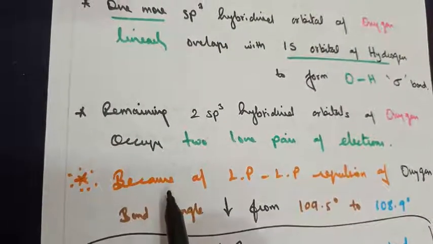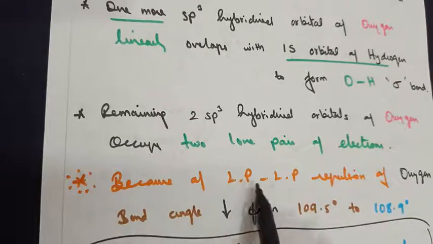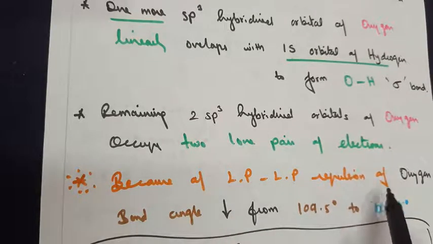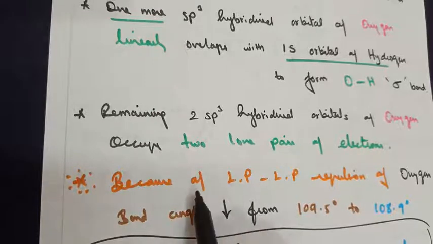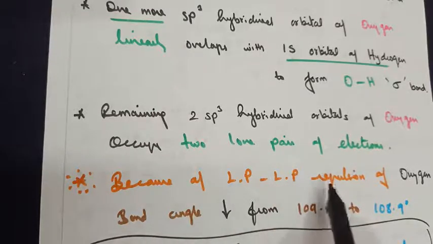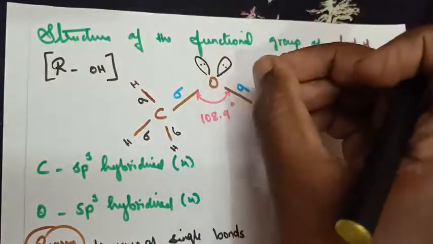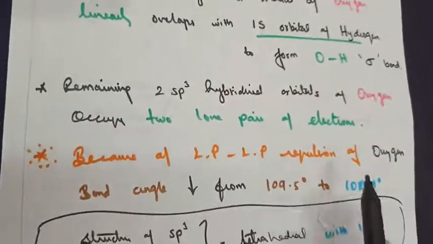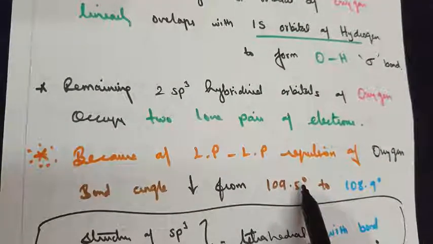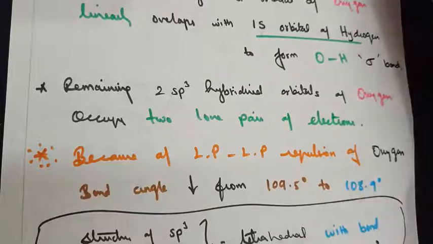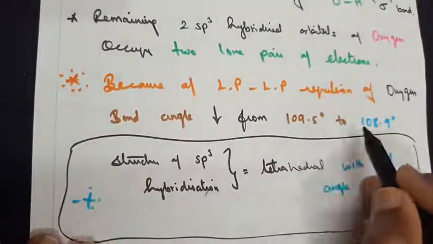The last one, because of the presence of lone pair repulsion of oxygen, the bond angle decreases. I am reading it again. Because of lone pair repulsion, you can see the 2 lone pairs here. When they repel one another, the bond angle tends to decrease from 109.5 degrees to 108.9 degrees. Now what are these values here?